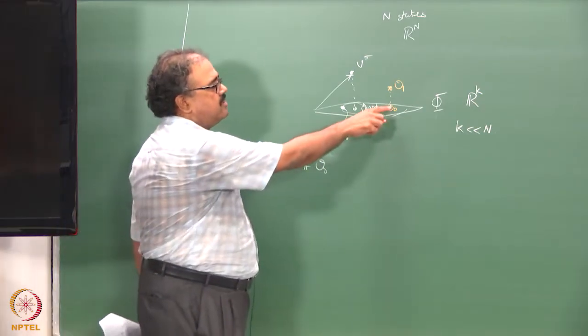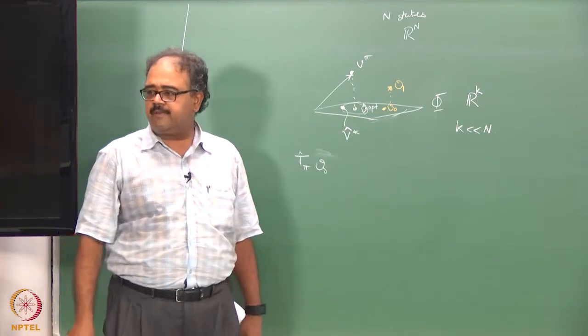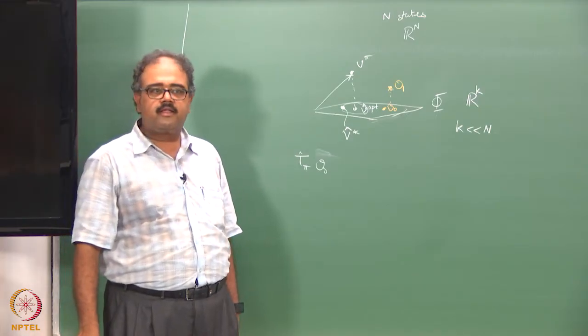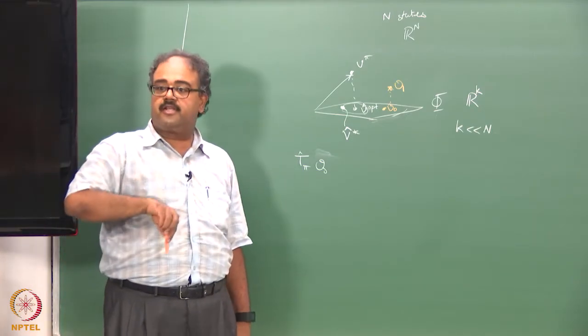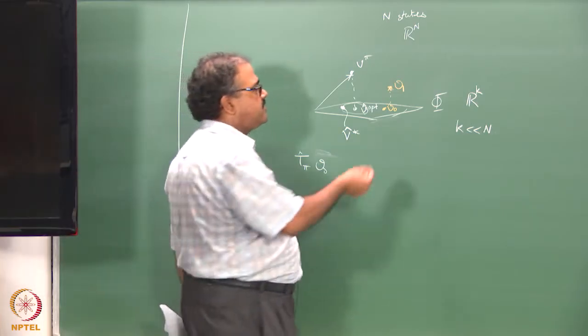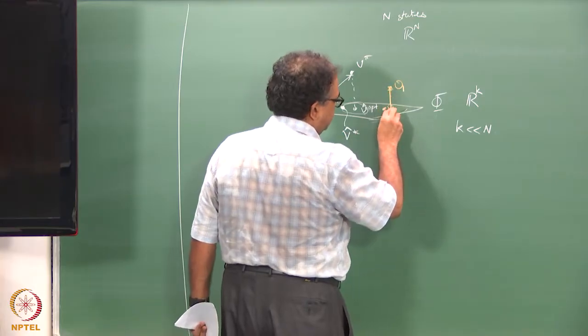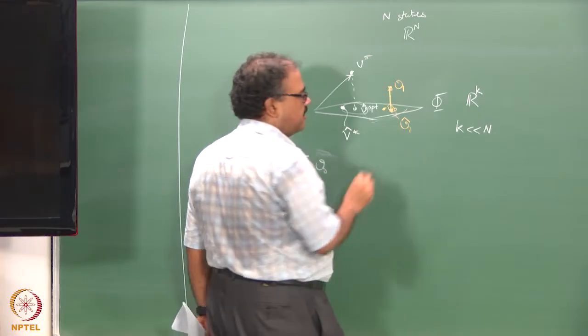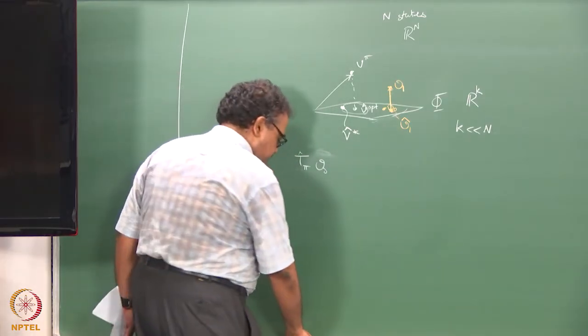So V naught, when I apply T pi on it, will go to V1, and what do I do at that point? I project it back, because that is all I can represent. That is the best I can do. In some sense what I am essentially doing is projecting it back till it hits this space, so that is my V1 hat.